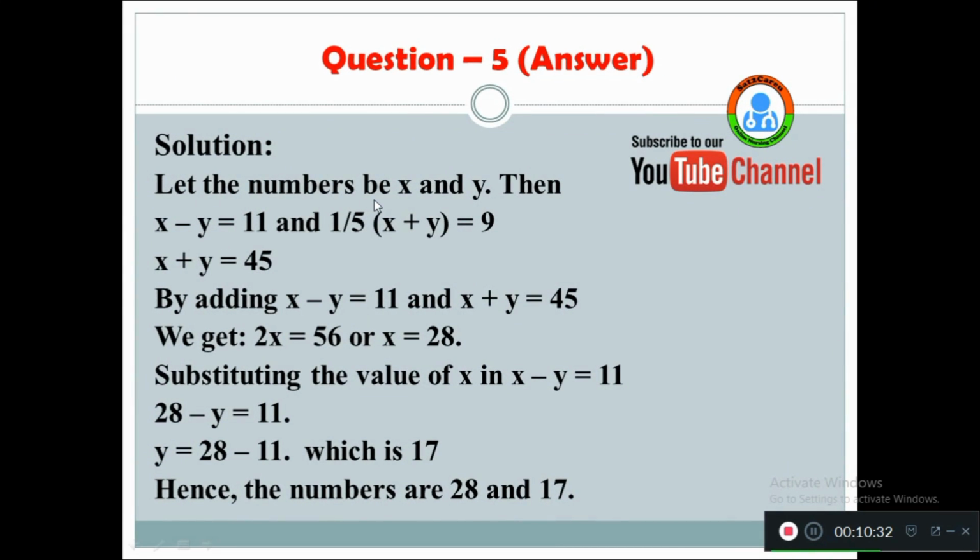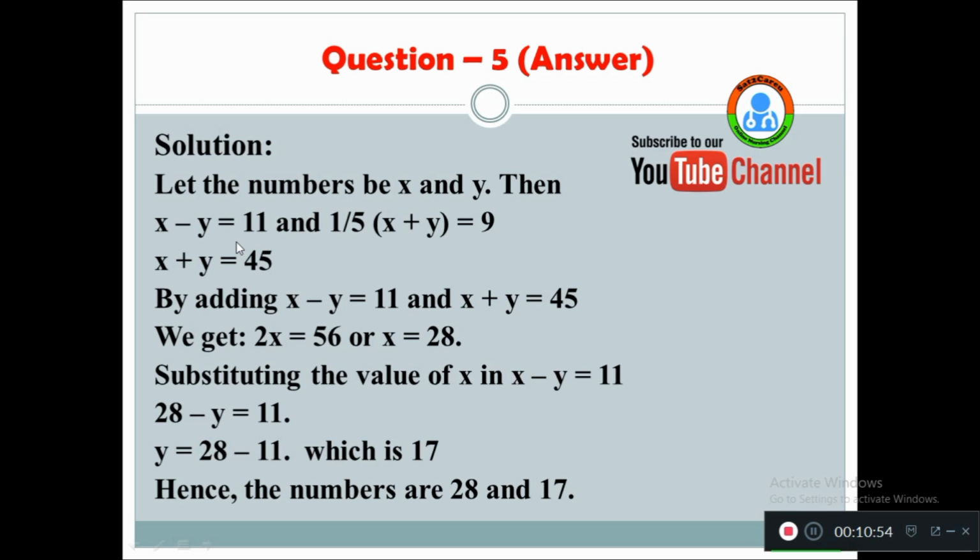Let the numbers be x and y. We want to find the two numbers. Then the difference between the two numbers is 11, and 1/5 of x plus y will be 9. So now these two equations, how can we write them?